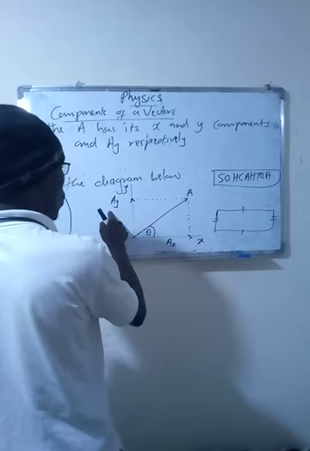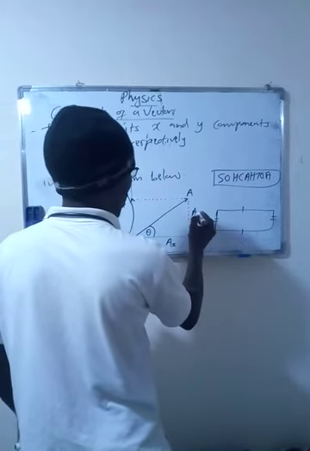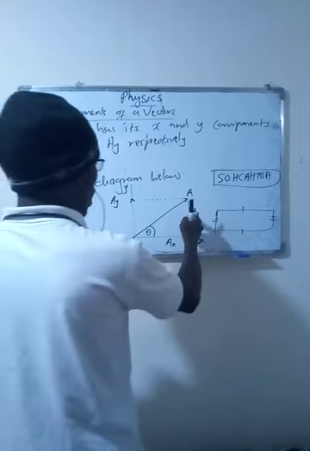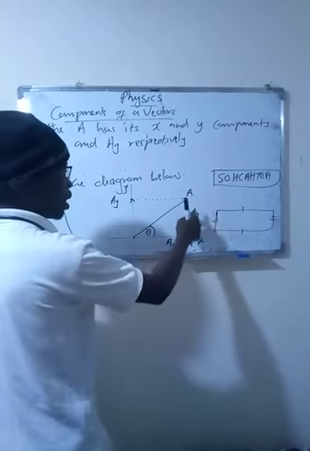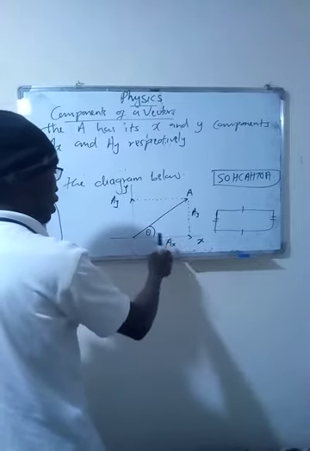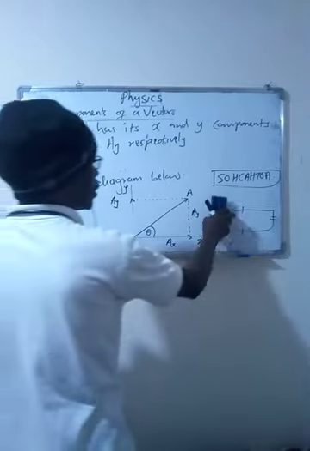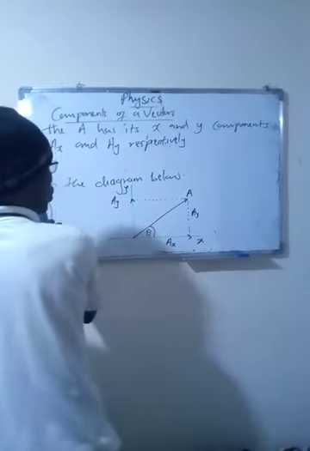Even this side is ay, and then this is ax. So if we get this triangle, ay is the opposite and ax is the adjacent. Now we want to get the y component.